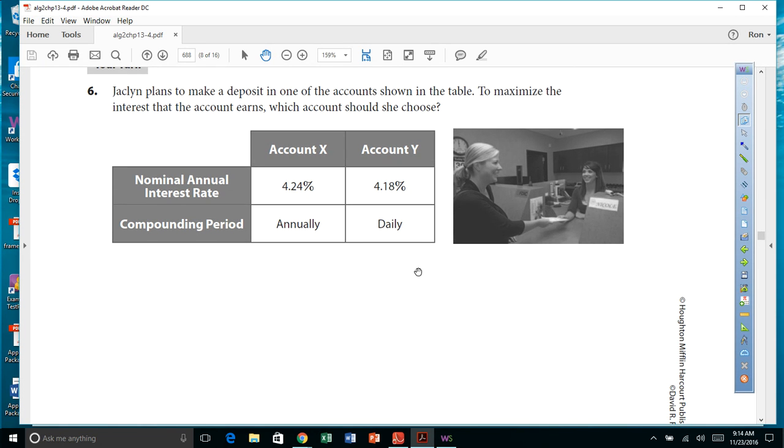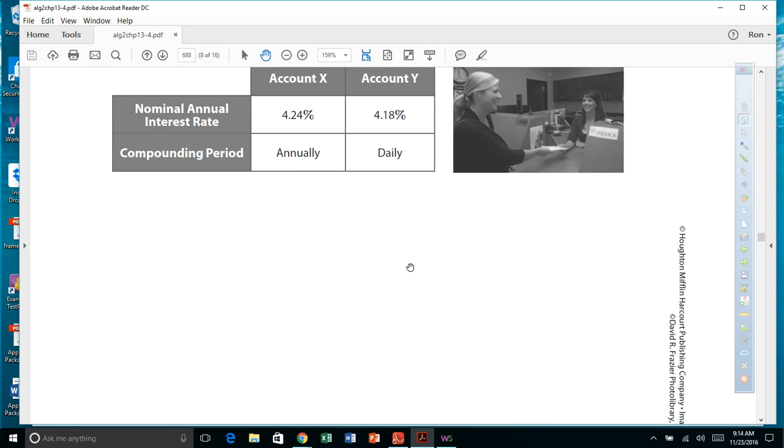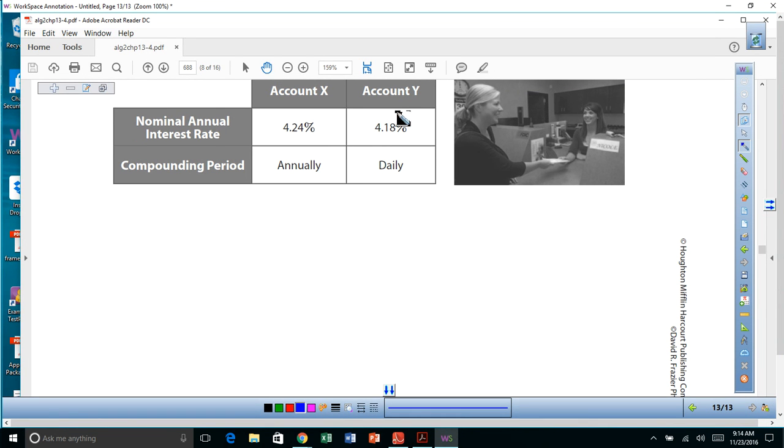Jacqueline plans to make a deposit in one of the accounts shown in the table. To maximize the interest that the account earns, which account should you choose? All right, so account X has a nominal interest rate of 4.24%. Account Y has 4.18%. Account X is compounded annually, once a year, and Y is daily.